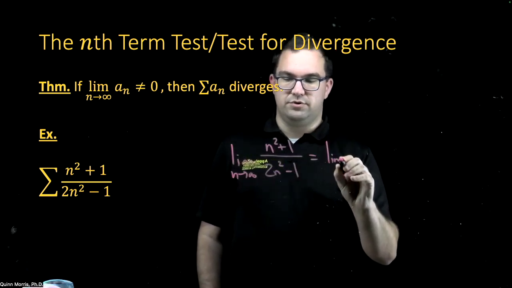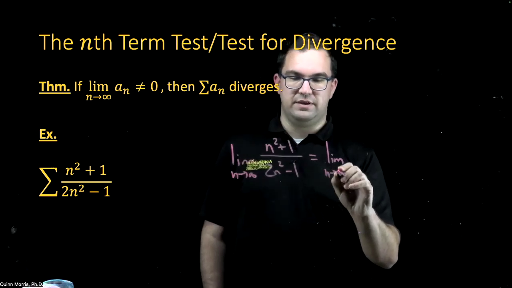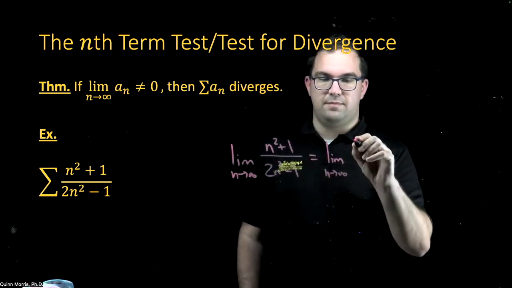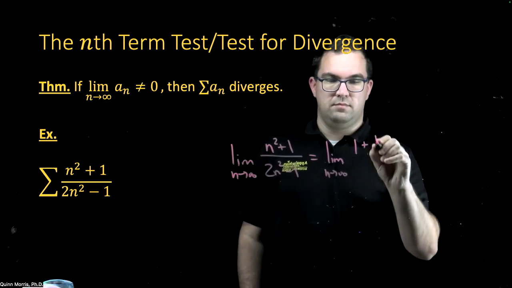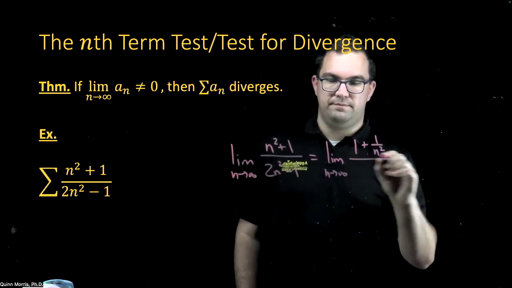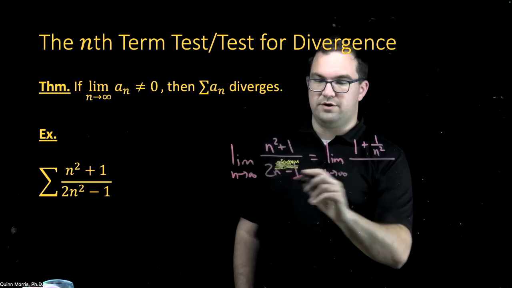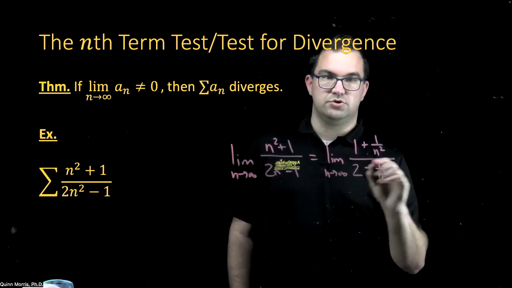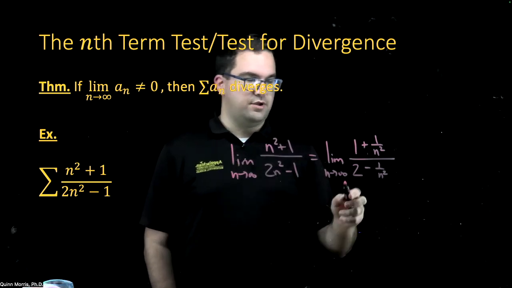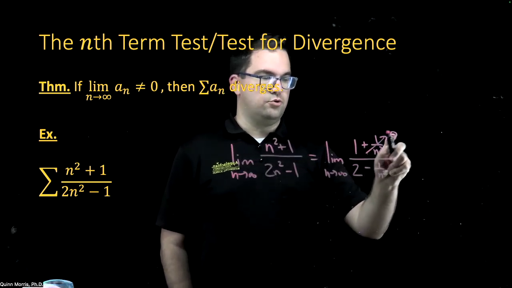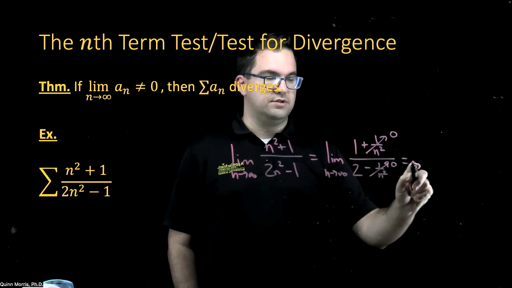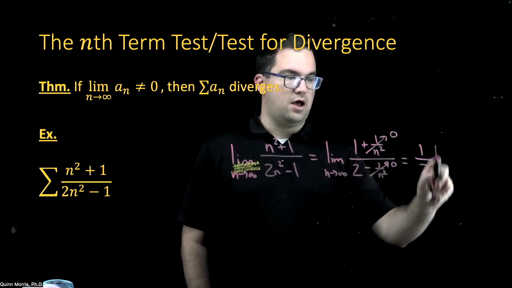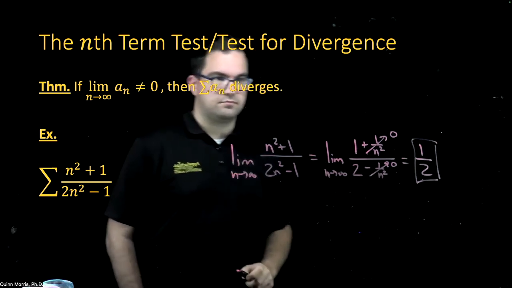I can divide every term in the top and bottom by the highest power of n, or n squared. So I get that this is equal to the limit as n goes to infinity of n squared divided by n squared is 1, plus 1 over n squared, over 2n squared divided by n squared is just 2, minus 1 over n squared. And so now I see as n goes to infinity, this term will go to 0, and this term will go to 0, and I'll be left with 1/2.